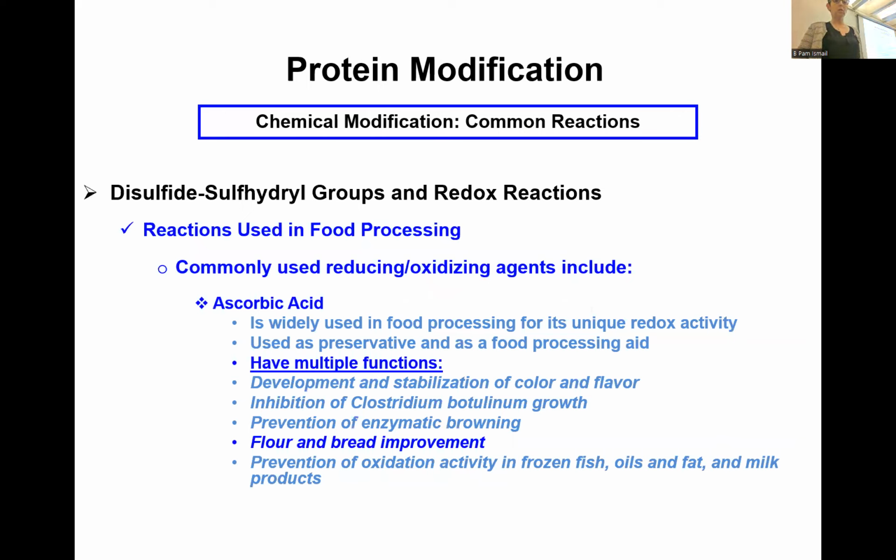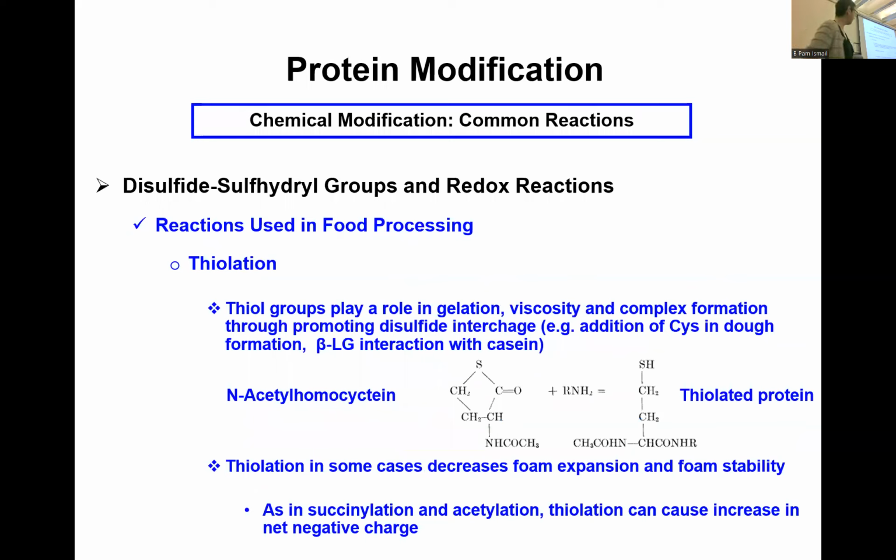Ascorbic acid, we talked about that. It has many functions in food applications. One of them is acting as an oxidizing agent for flour and bread improvement, which we just talked about. Here, adding a thiol group, thiolation.